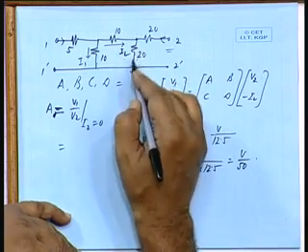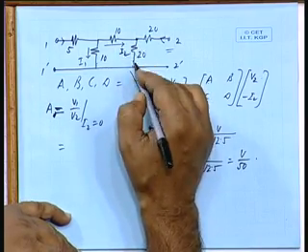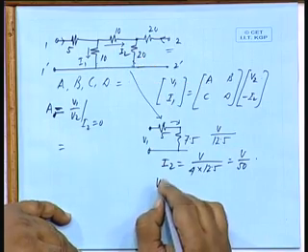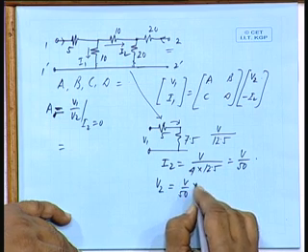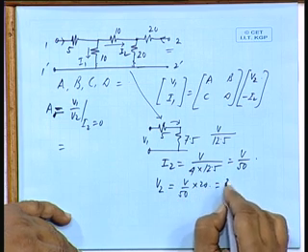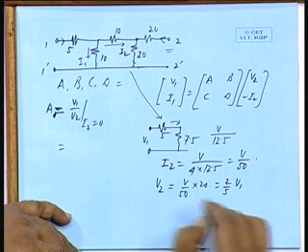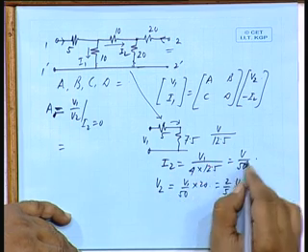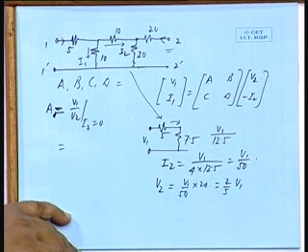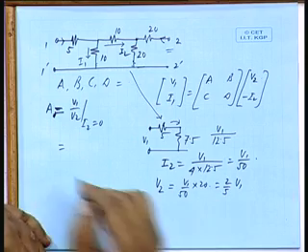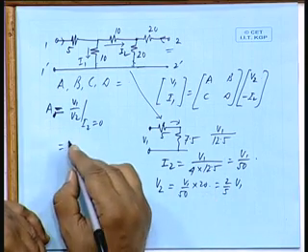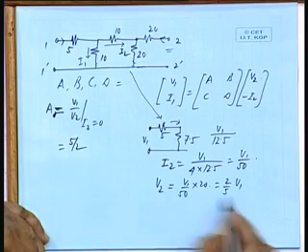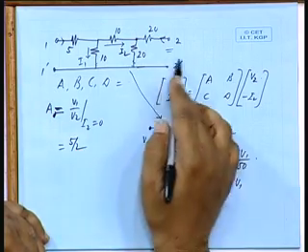That is the current here. And how much is the drop across the 20 ohm resistance? Therefore, V2 will be V by 50 multiplied by 20, so 2 by 5 into V1. Therefore, V1 by V2 will be 5 by 2, is it not, under open circuit condition.